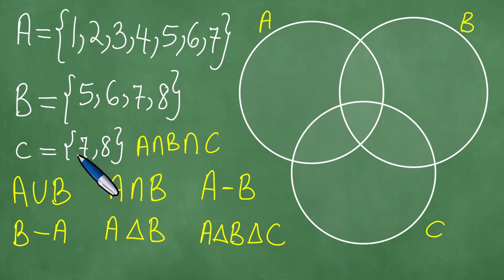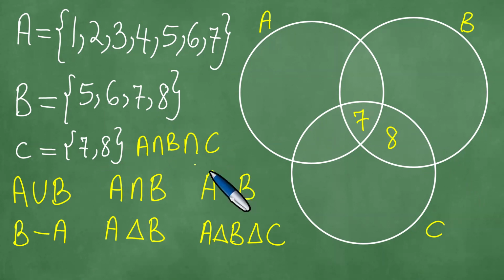Right, for example, C consists of the elements 7 and 8, but the elements 7 and 8 are also in B. But 7 is also in A. So 7 is in the intersection of A, B, and C, right?